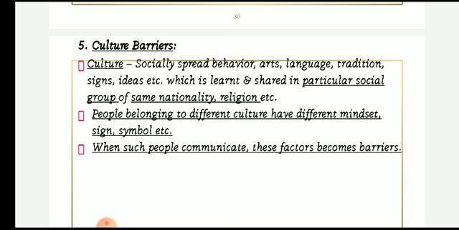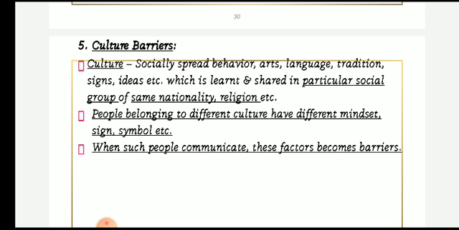If we take the example of any country, area or region, they have their own culture. If we take the example of states, Maharashtrian culture is different, Gujarat culture is different.